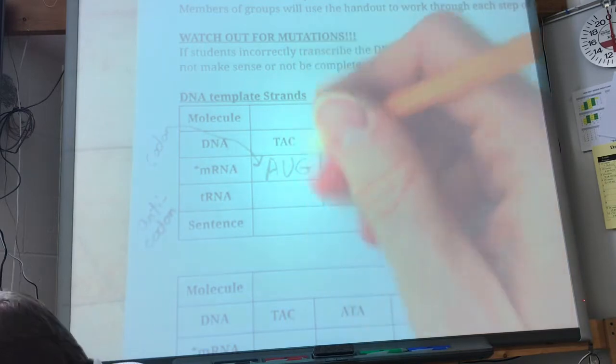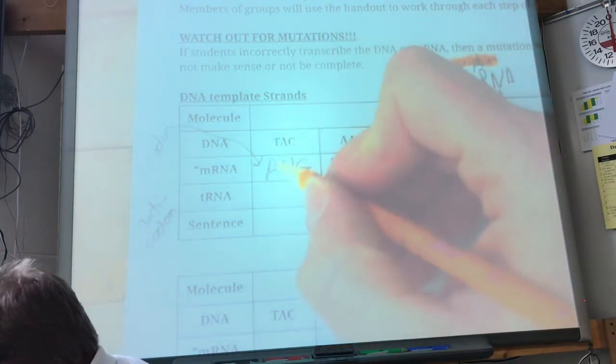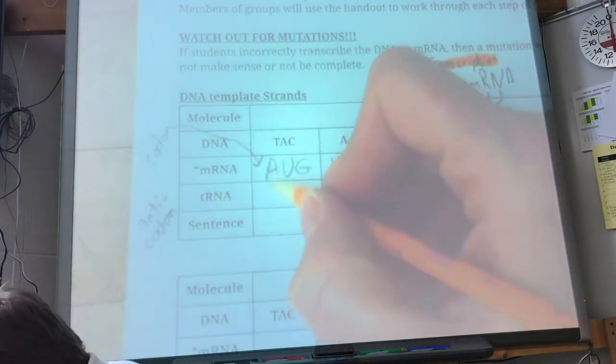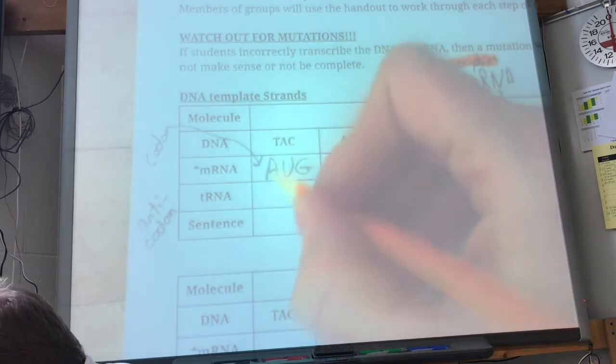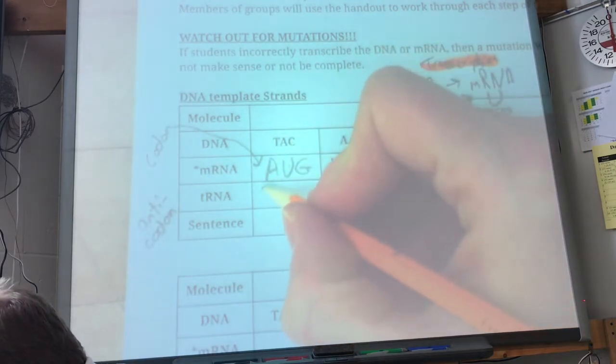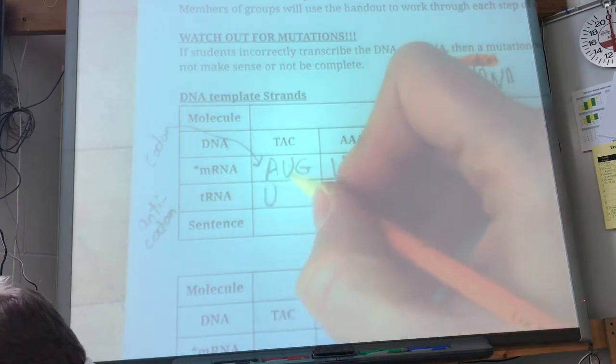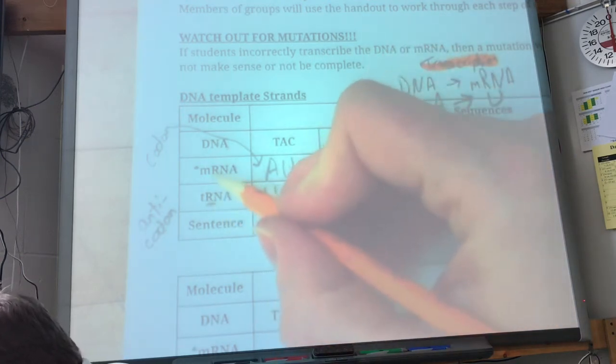So complementary base pairing from mRNA to tRNA is RNA to RNA. So for every A, there's a U, right? Because there's no such thing as T's when we talk about RNA.